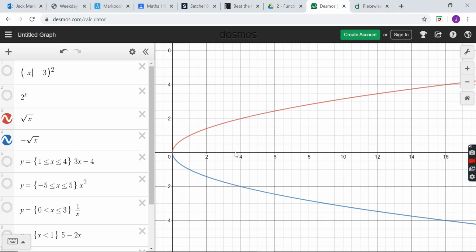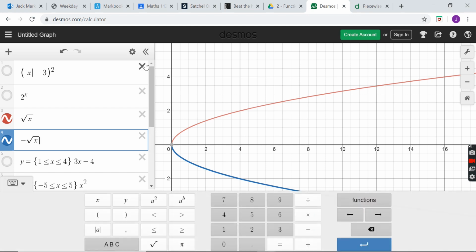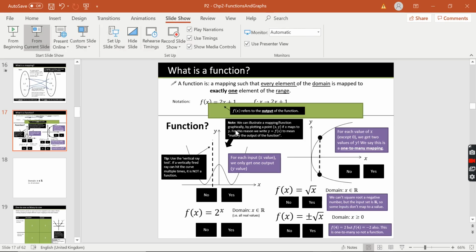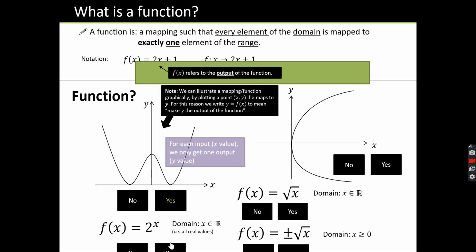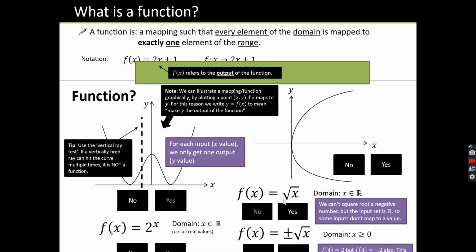So is it a function now? Well, if I pick a number like 4, it seems to have 2 y values, so it does not have one specific output. So in summary: yes, we have a function. Yes, we have a function. No, we do not have a function. And this last one above, no, it's not a function.